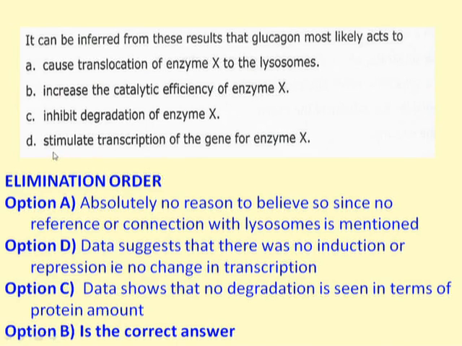Another option which we can eliminate is that it stimulates transcription of the gene for the enzyme X. We already inferred that the data suggests there was no induction or repression, no change in transcription. Option C is inhibits degradation of the enzyme X. Again, data shows that there is no degradation seen in terms of the protein amount. And option B, therefore, is the correct answer, that it increases the catalytic efficiency of the enzyme X.